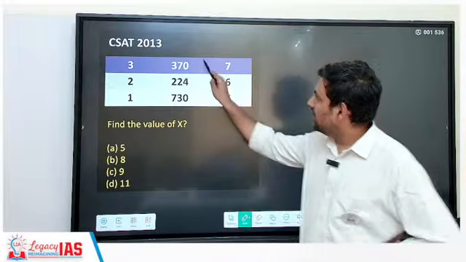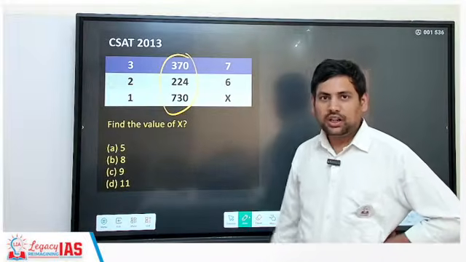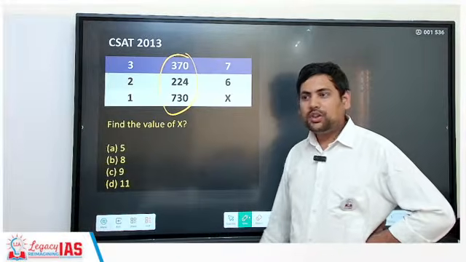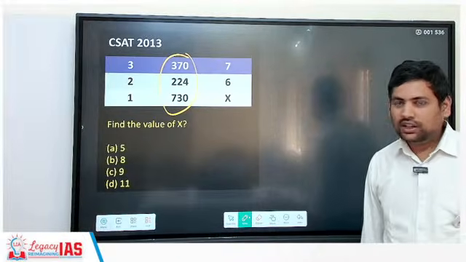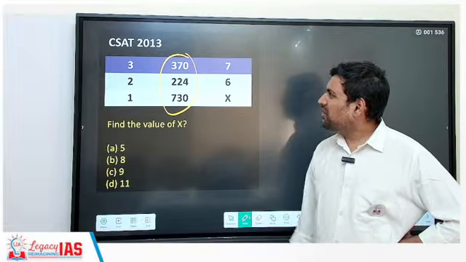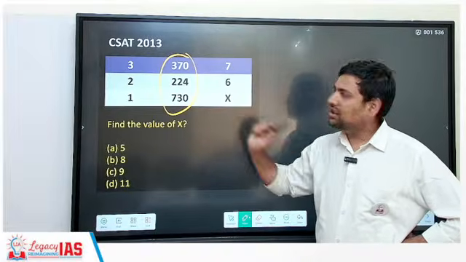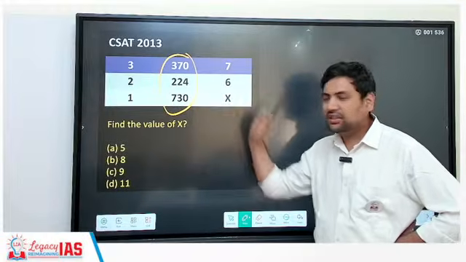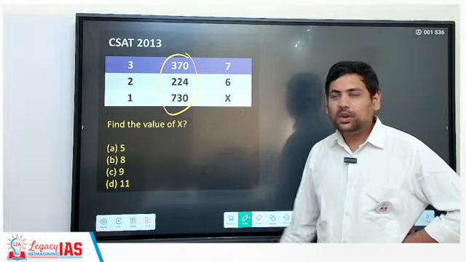Don't you think suddenly the middle one became too big? What usually makes numbers this big? Some operation. Of course, by multiplication you cannot get to it. 7 into 3 is 21, 2 into 6 is 12. What has been done here?